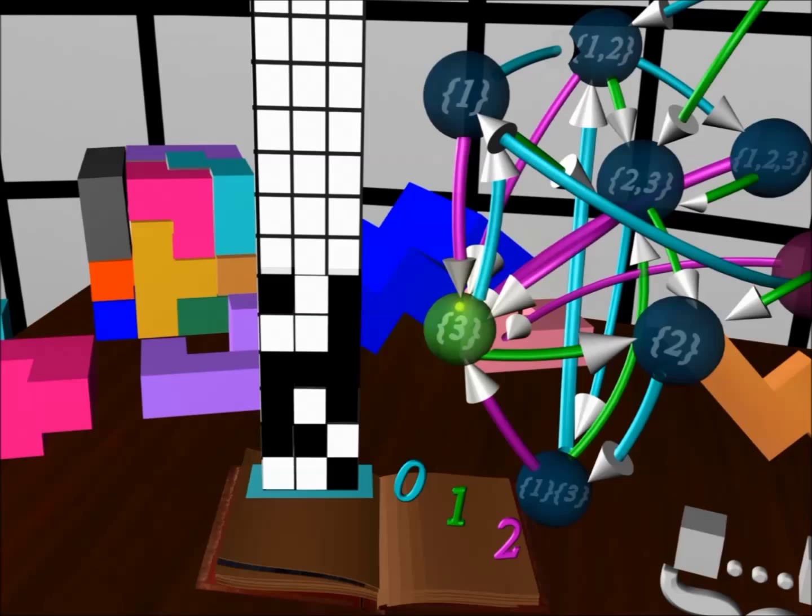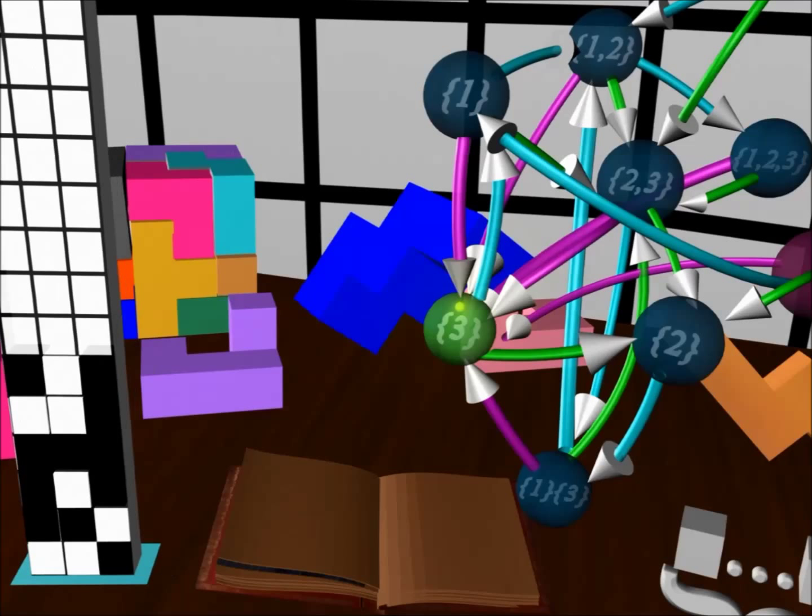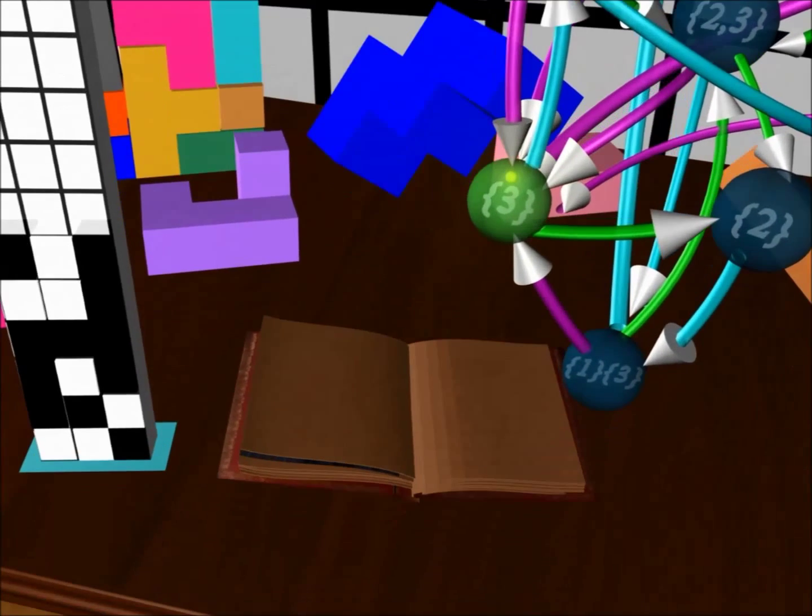In addition, any valid polyomino may end at the state corresponding to this signature by concatenating to it empty cells as needed. This state is the only accepting state of the automaton. In the automaton shown on the screen, this state is colored green. As a result, the number of polyominoes of size n on a twisted cylinder of perimeter W is equal to the number of words of length n that belong to the language recognized by this automaton.